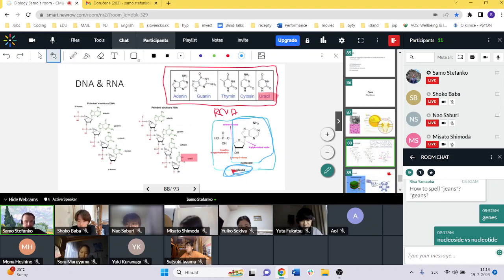Nucleotide and nucleoside are not the same thing, okay? The difference is a phosphate group. I guess we can go further now.